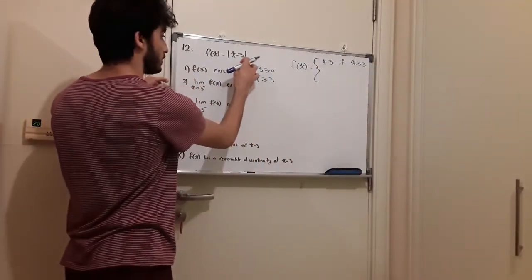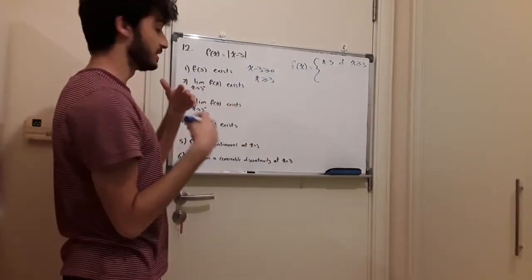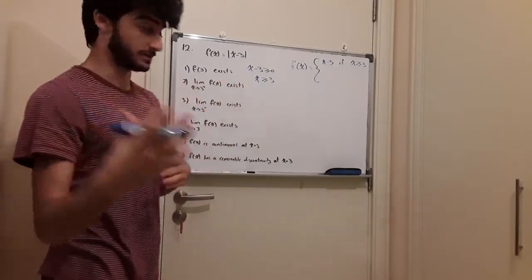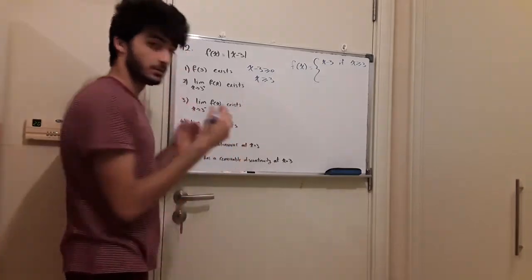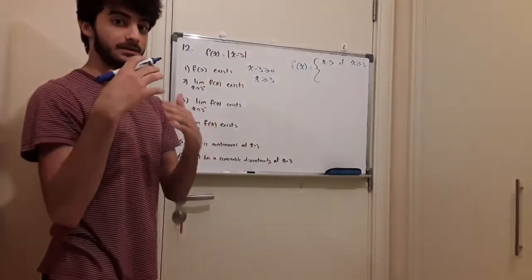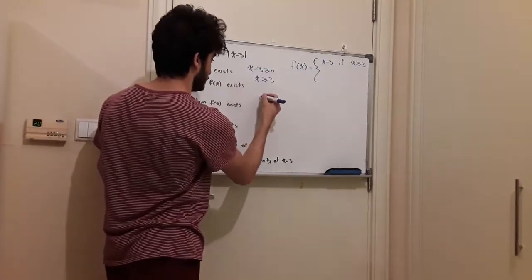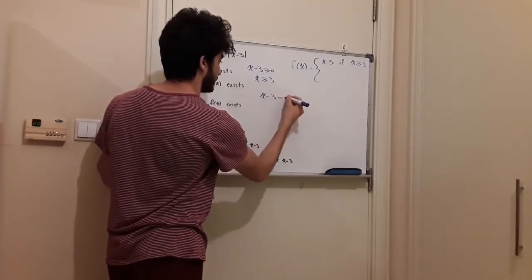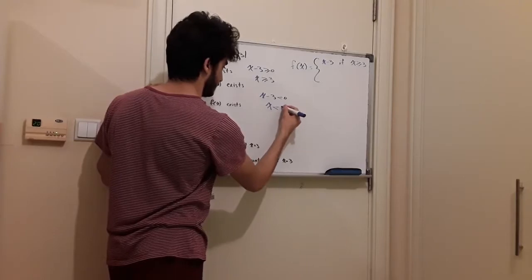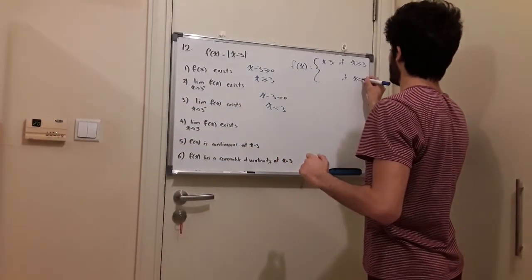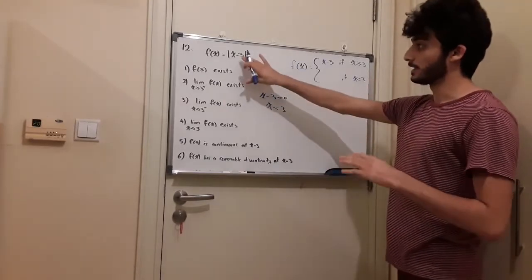So x minus 3 if x is greater than or equal to 3. Now, if this whole thing is less than 0, it means it's negative, and it's an absolute value, so the final answer should be positive. And so then we would have to multiply the final answer by negative 1 to keep it positive. So if x minus 3 is less than 0, so x is less than 3, then we have to multiply it by negative.